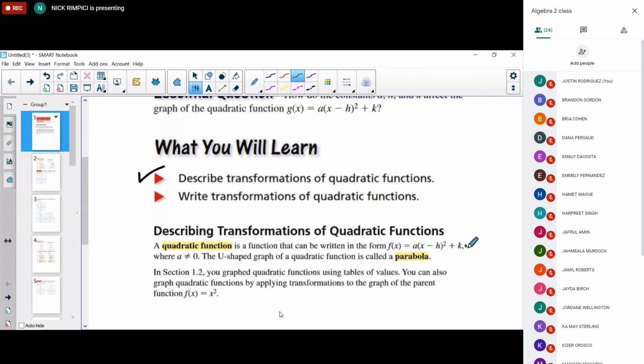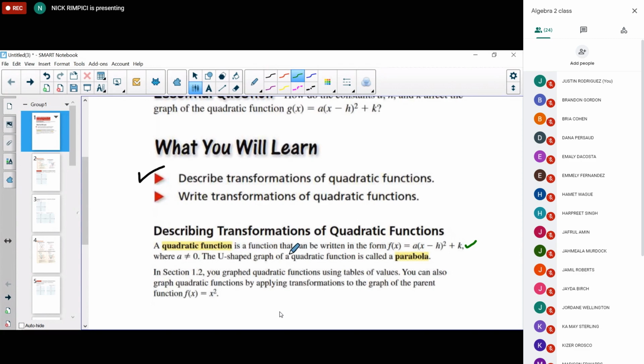So that's the standard form, where a is not zero. Well, honestly, if a were zero, you wouldn't have a quadratic, because if you take zero and multiply it by these other items, you're going to get zero. Multiplying by zero wipes out everything. So that's why it says this.